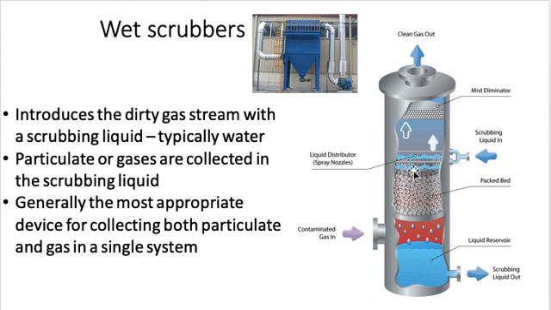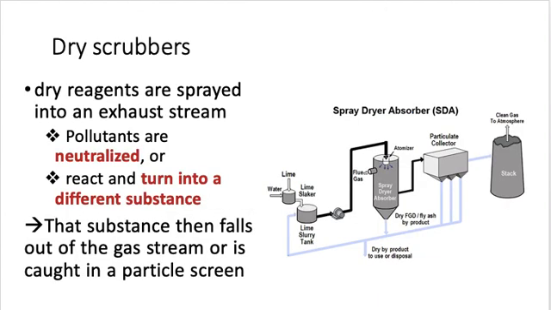It sort of cleans off those gases a little bit, and makes it cleaner when it leaves, or it has a mist eliminator that makes it so that stuff leaving is less harmful. And typically this is used when you're trying to collect both particulates and gas in a single system. Maybe you have both that are given off.